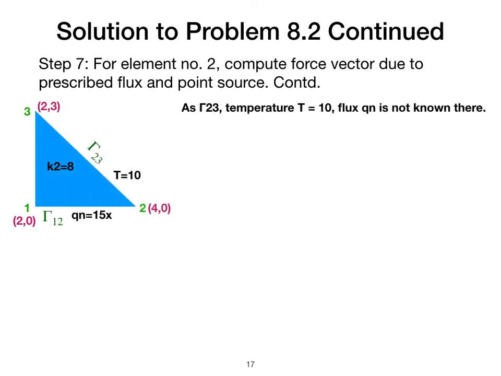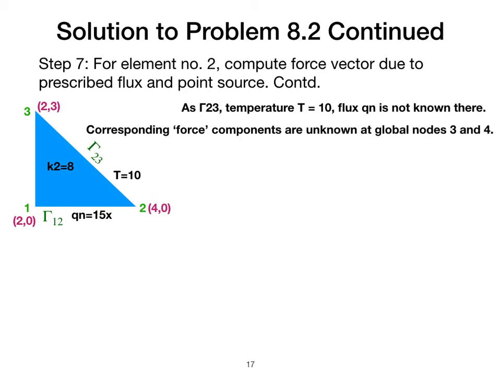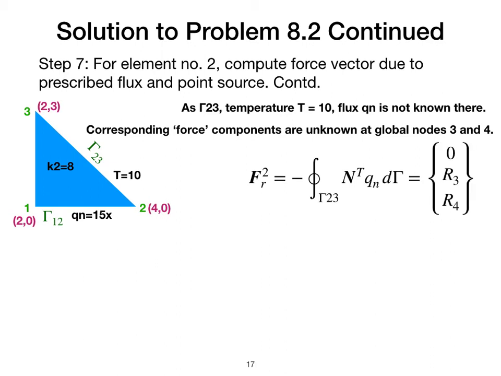Now, at gamma 23, temperature is prescribed and temperature is equal to 10. Since temperature is prescribed, we don't know what the flux is at this boundary. Let us say Qn is unknown, and because of this Qn, there will be a contribution to the force vector.